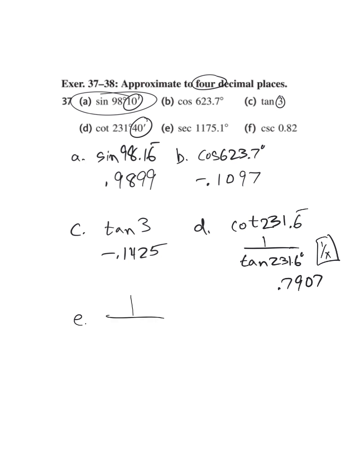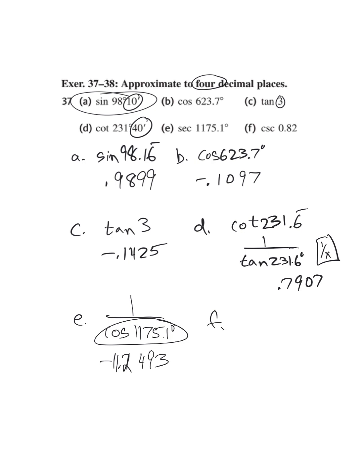Okay, and E is secant. Again, that's the same thing as 1 over the cosine of 1175.1 degrees. So first of all, just take the cosine of that, the cosine of 1175.1 degrees, and hit the 1 over x key, and you get negative 11.2493.